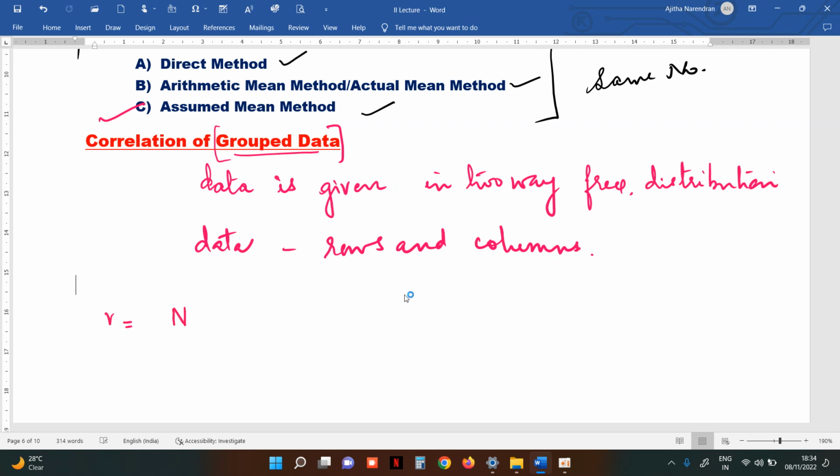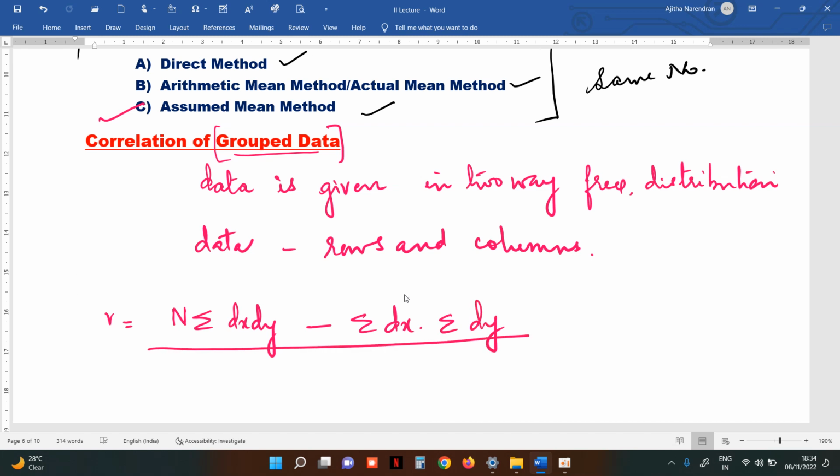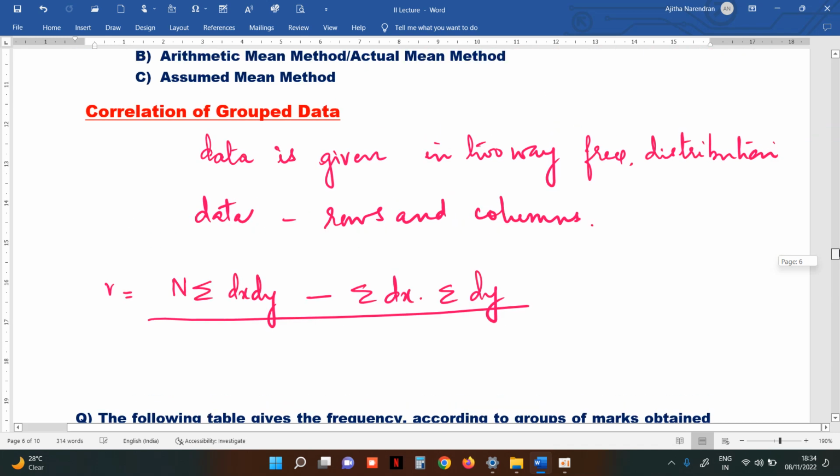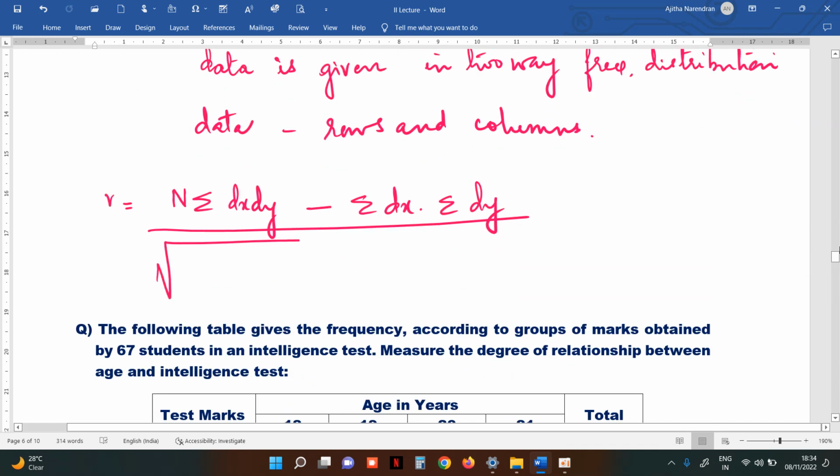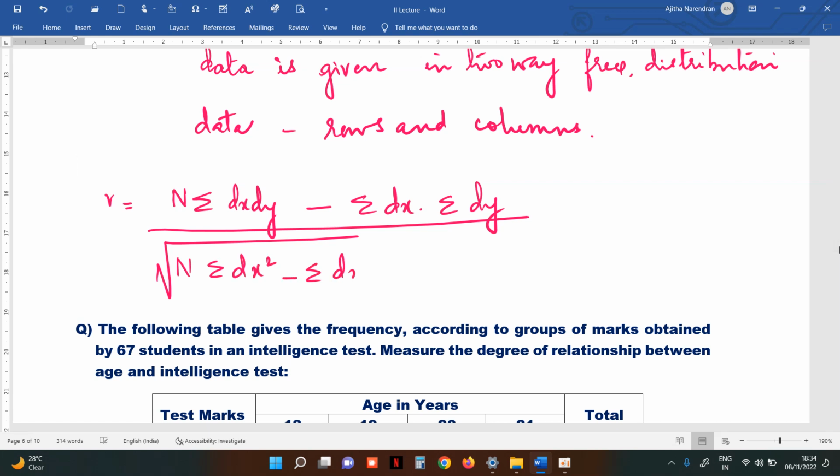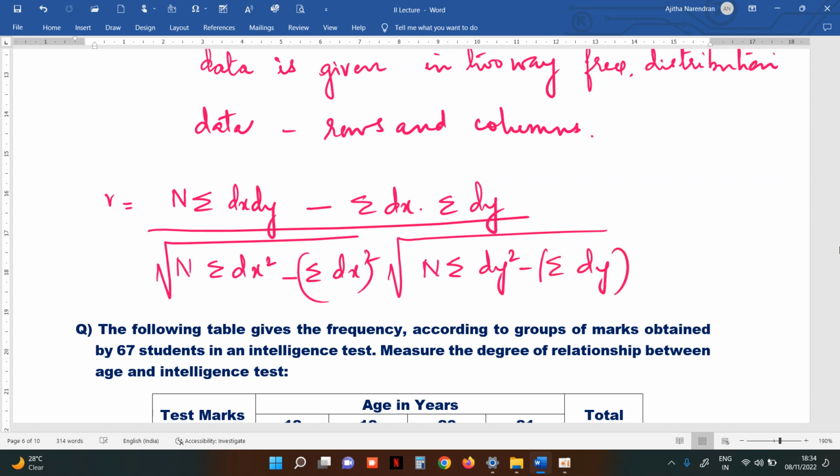The formula was: n summation of dx dy minus summation of dx into summation of dy, over root of n summation of dx square minus summation of dx whole square, into, for y, n summation of dy square minus summation of dy whole square. This is the formula which we have seen in case of assumed mean, right?